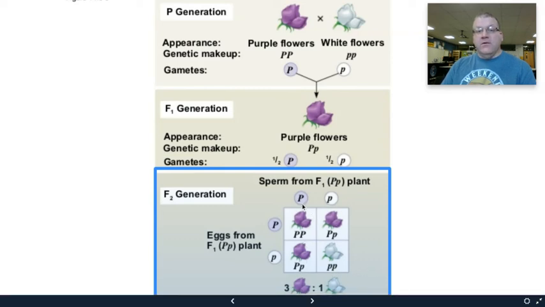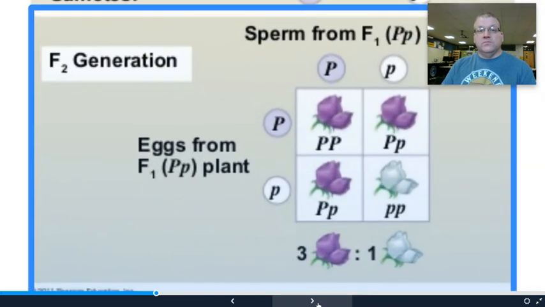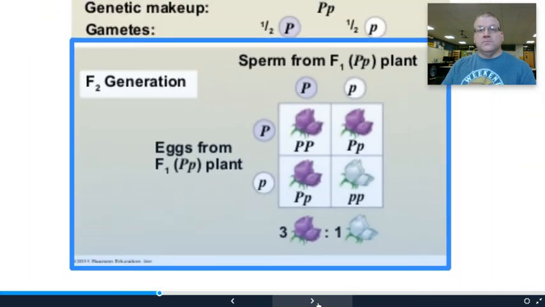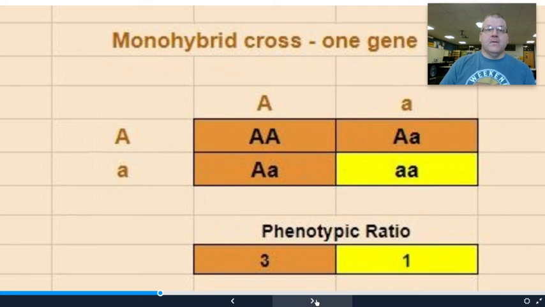Notice the offspring predicted in this Punnett square demonstrate Mendel's 3-to-1 ratio. So the monohybrid cross for one gene has to show the same data that Mendel was producing in the garden.